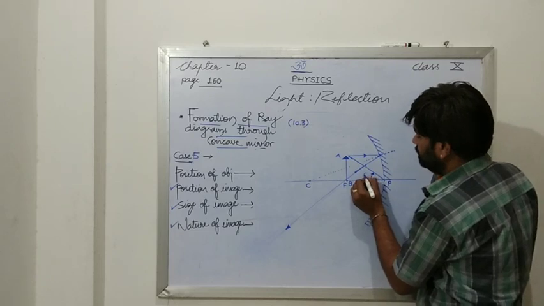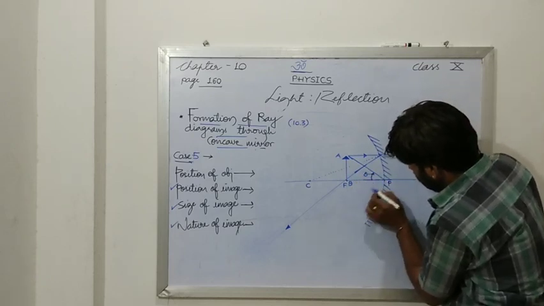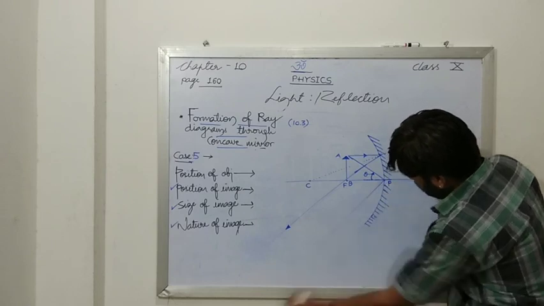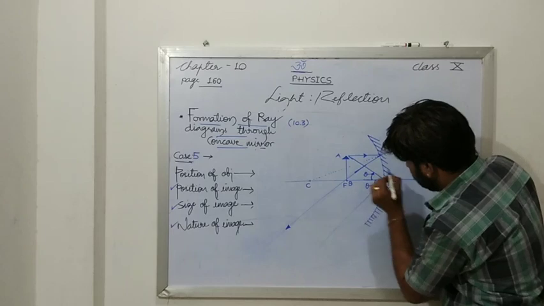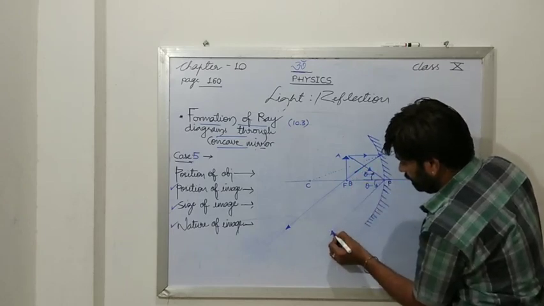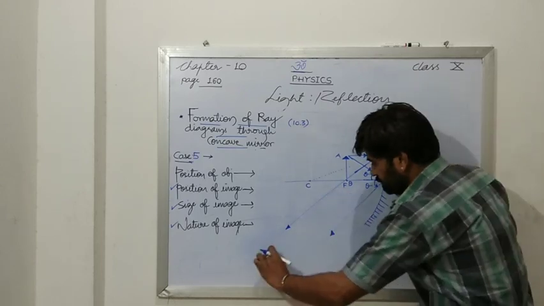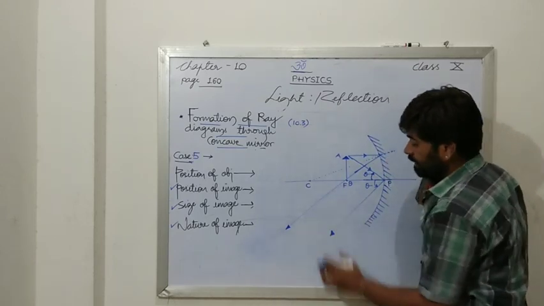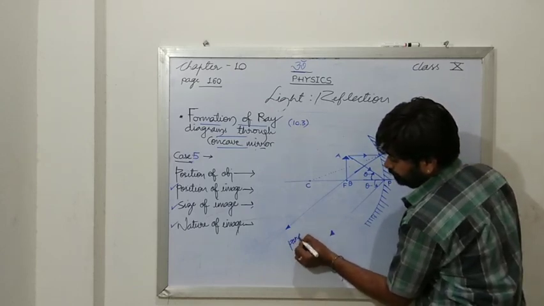Suppose this angle is theta, so again it will make the same angle, and once we draw this diagram, we see this will also be theta. This is the incident ray and this is the reflected ray. So we observe that these two lines are moving towards infinity and they are parallel lines.